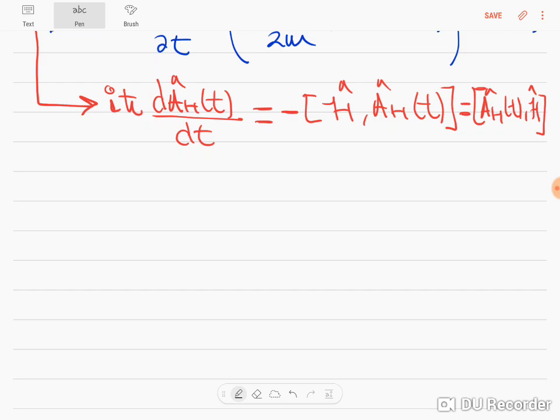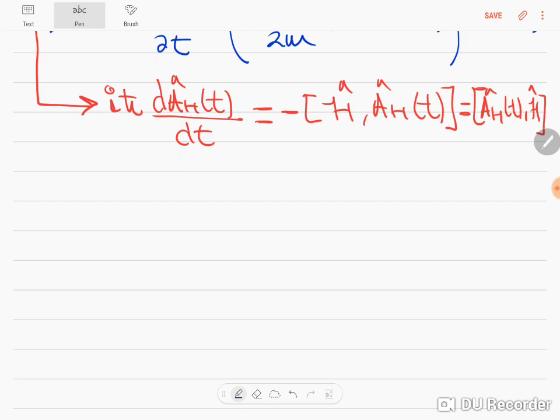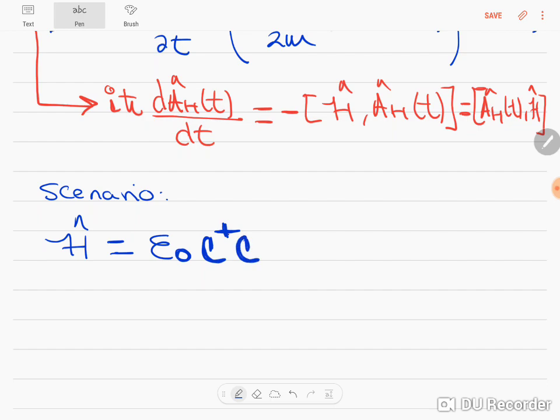For the meantime, let's grab some sample Hamiltonian of the following form: some energy E0 times some operator that we will call C with a dagger on top, followed by C here.